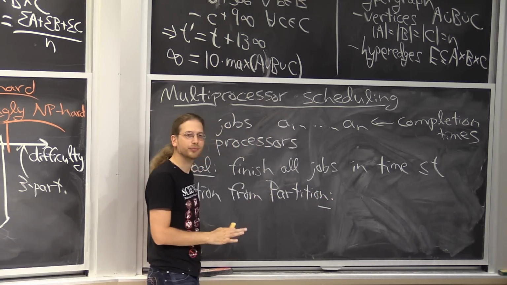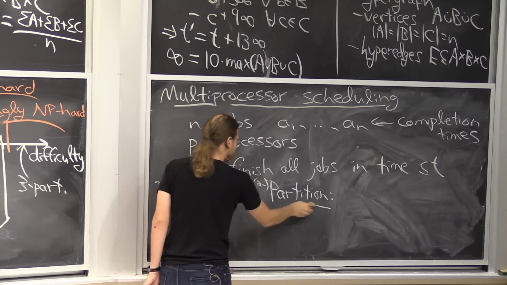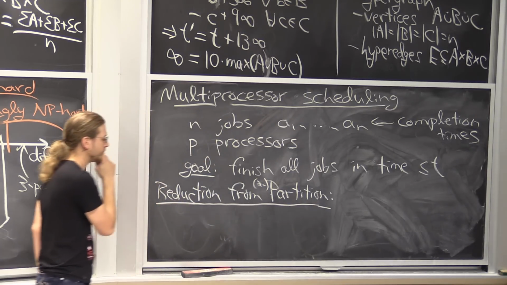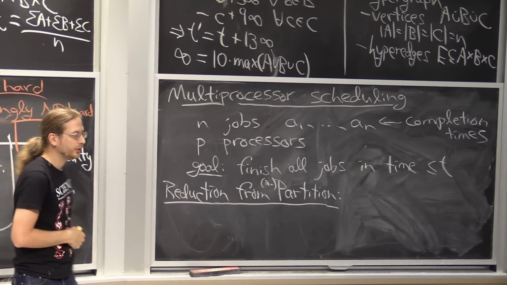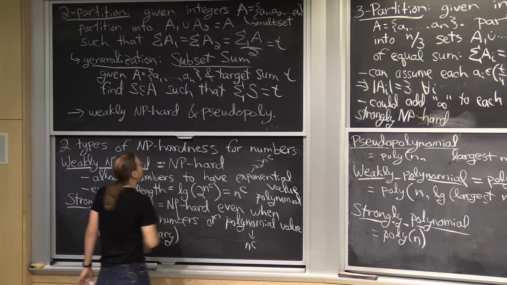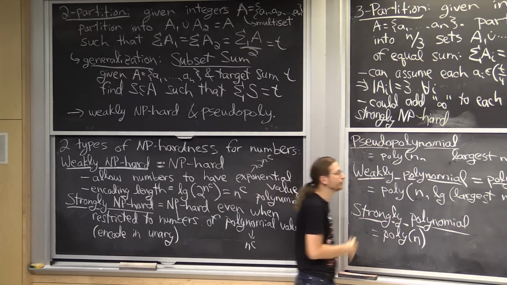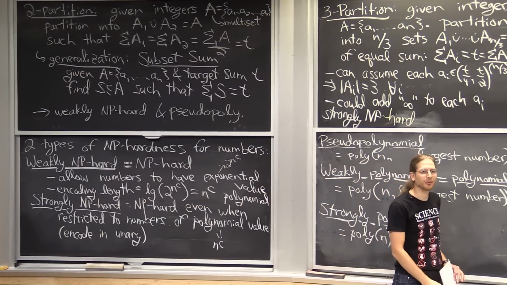Partition is a synonym for two-partition. Usually we omit the two. So reduction from partition, this problem over here. So now I'm given some integers. I want to split them in half, basically. Any suggestions on what I could do to turn that into a multiprocessor scheduling problem?